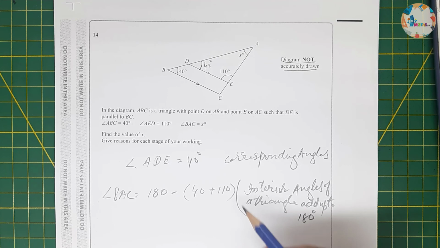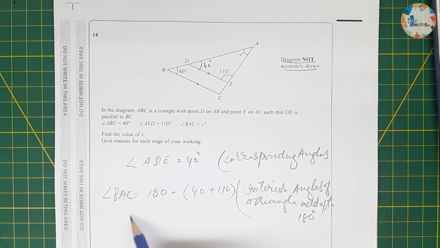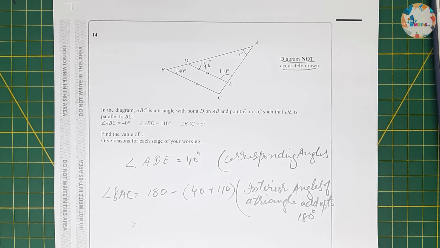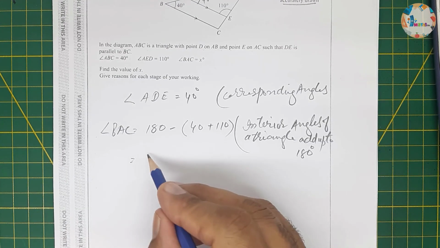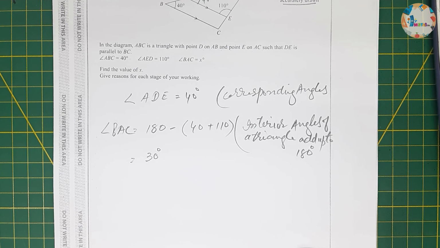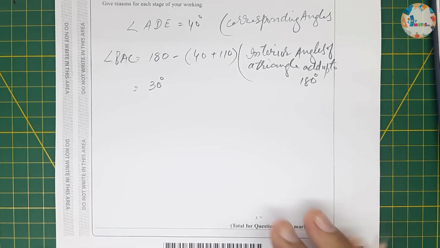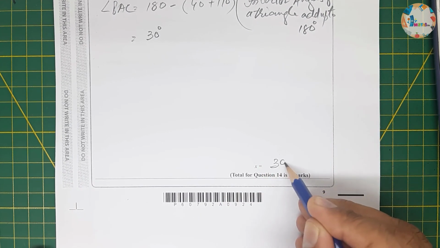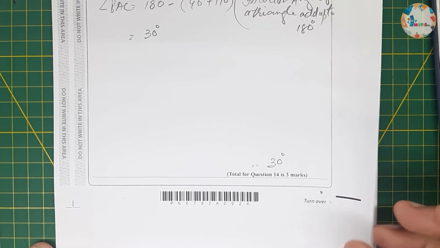So this will be equal to 180 minus 150, which is 30 degrees. So we can write this answer as 30 degrees, and our answer at the proper location will be 30 degrees over here.